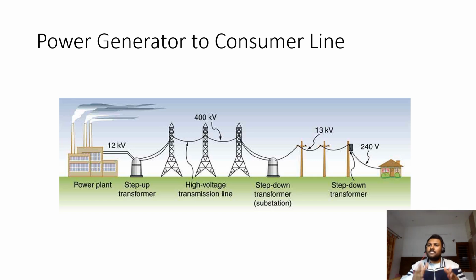Like this, for longer distances, the long wires also have resistance, so voltage drop occurs in these AC lines as well. If we fix a transformer, it can step up the voltage again.